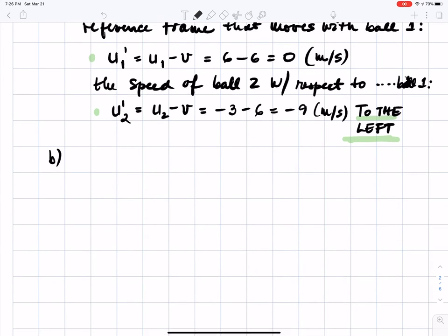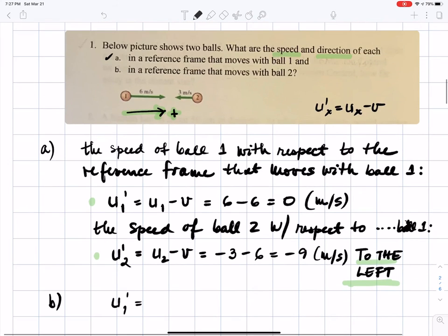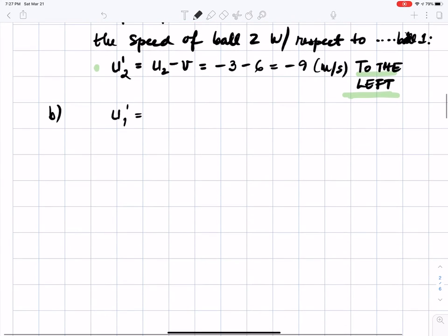So without writing all the words I just said, we have to look at u1 prime, in this case in reference to the inertial frame that is with ball 2, which is u1 minus v. Same idea for number 2, except now we have to pay attention to who is who.